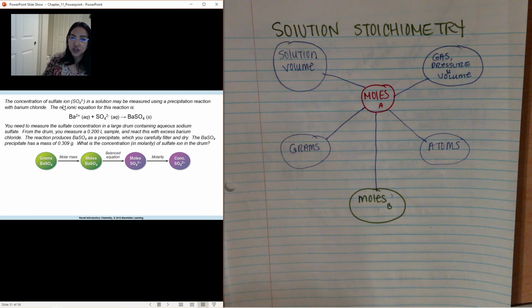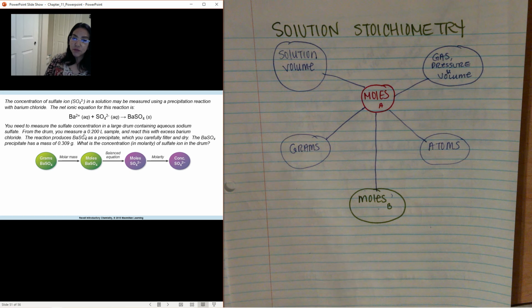It says the concentration of sulfate ions in a solution may be measured using a precipitate reaction with barium chloride. The net ionic equation for this reaction is the following. So you have barium plus sulfate gives you barium sulfate solid. So two aqueous solutions mixed together, creating a precipitate. You need to measure the sulfate concentration in a large drum containing aqueous sodium sulfate.